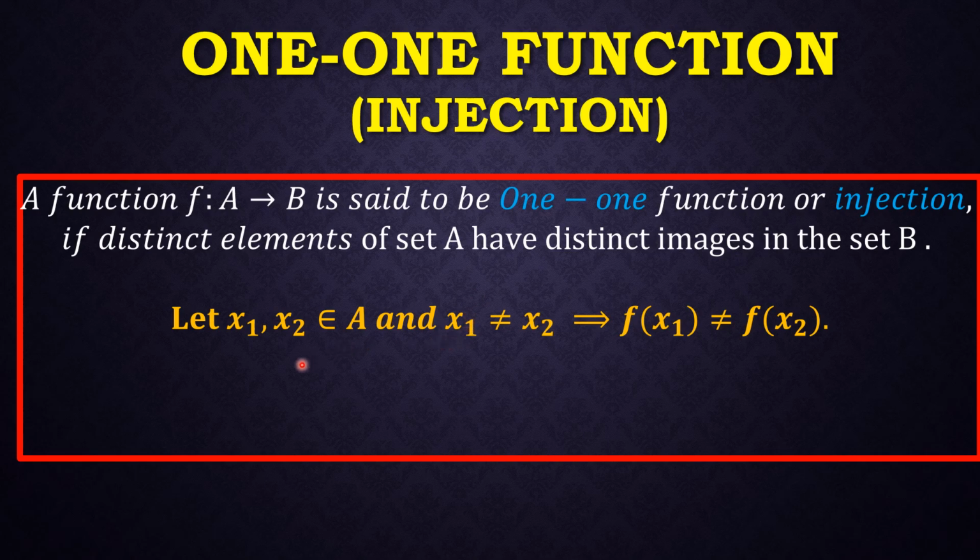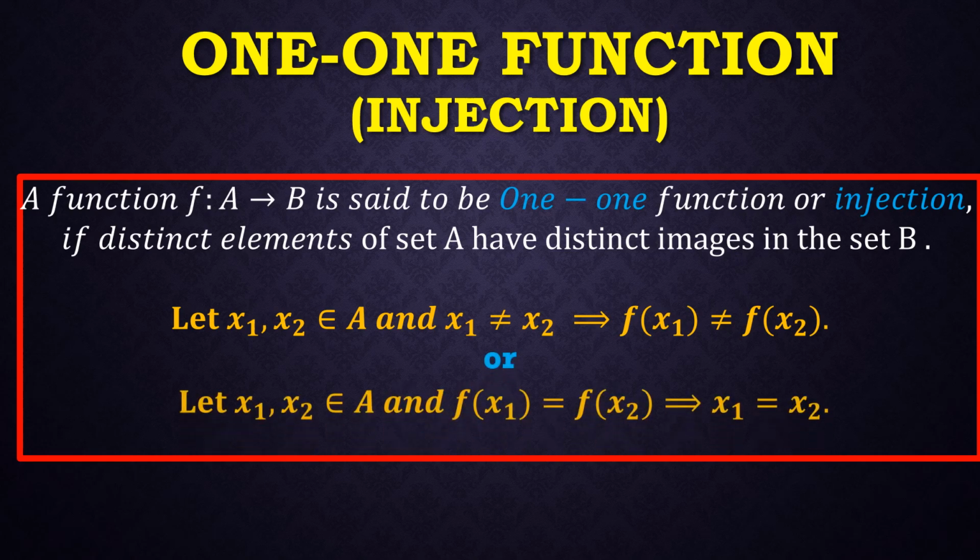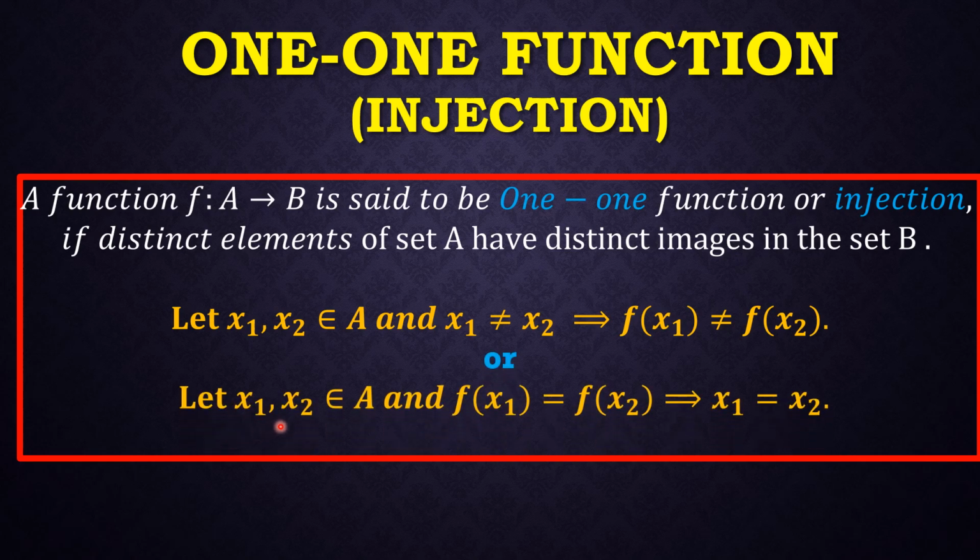Now here we say it in the contrapositive way also, that is we take two elements x1, x2 belonging to A. Here images are equal. Images are equal, then we get elements also equal. So this is the contrapositive of the first statement.